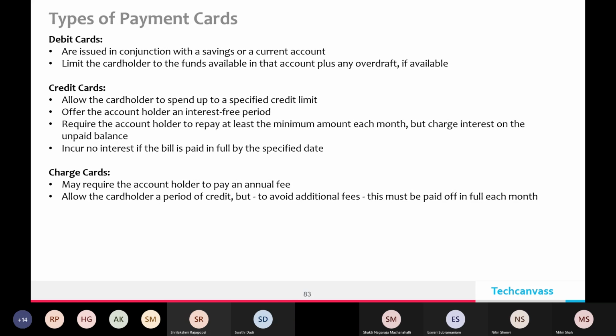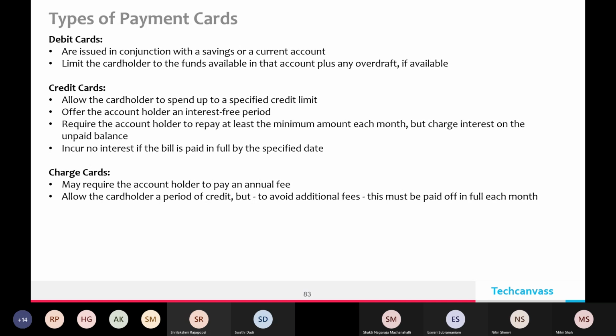Okay, next one is charge cards. These cards are not used for any ATM cash withdrawals. These cards are used for doing online or offline transactions.